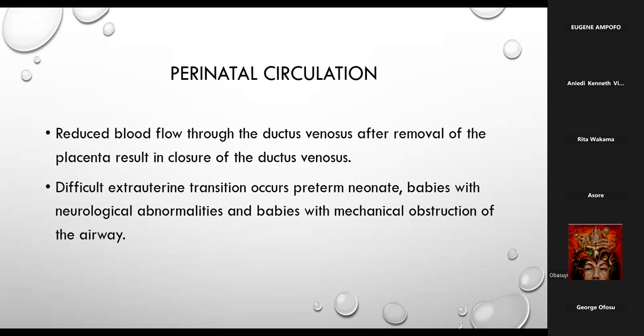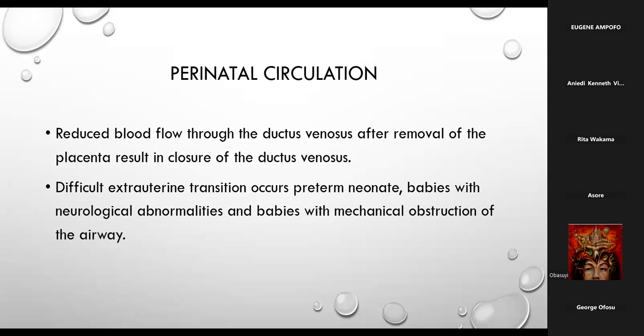This extrauterine transition is not that easy for a preterm baby, because they may not have fully developed the ability to take a good initial first breath that will cause lung expansion, oxygenation, and reduction in pulmonary artery pressure. So they may still have persistent elevated pulmonary artery pressure. Babies that have neurologic abnormalities will not be able to take that deep and effective first breath.